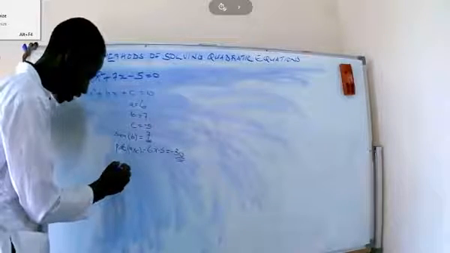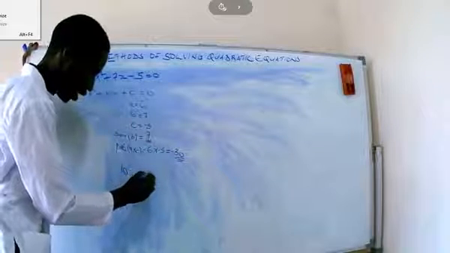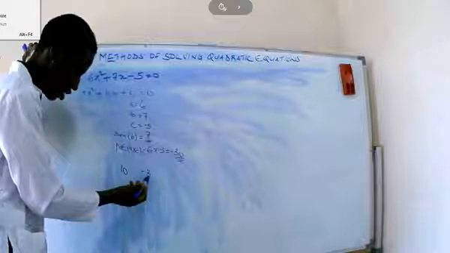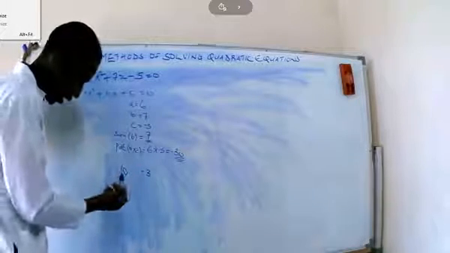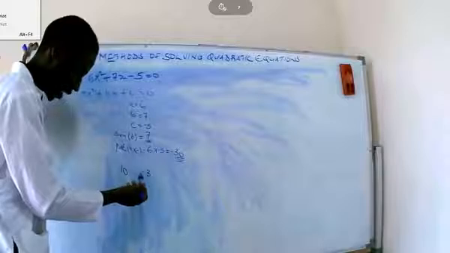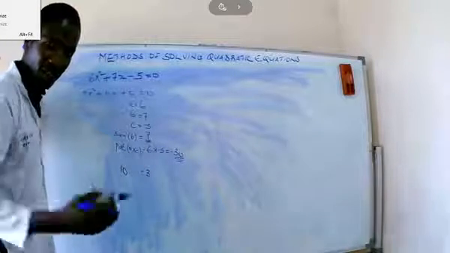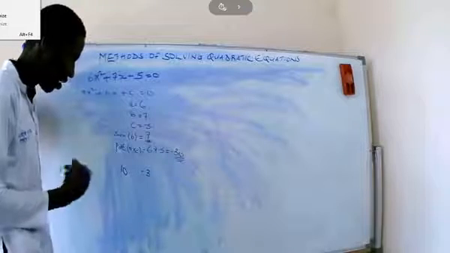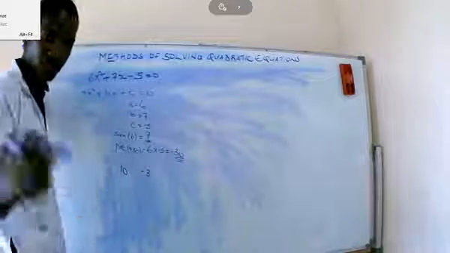Look, if I say 10 and negative 3, do you get that? 10 times negative 3 is negative 30. What about 10 plus negative 3? It is 7. So those two numbers, when you multiply them you get negative 30, and when you add them you get 7, are 10 and negative 3.